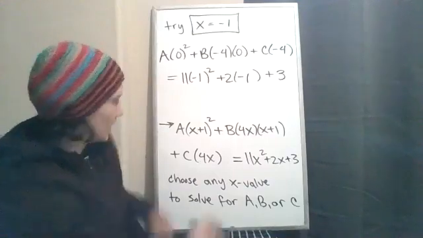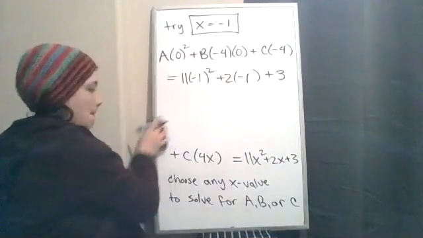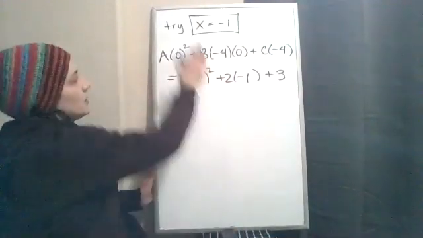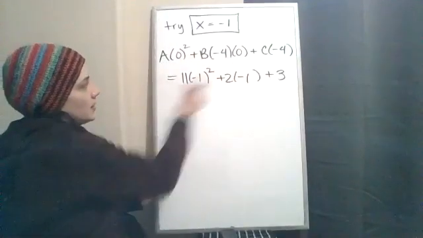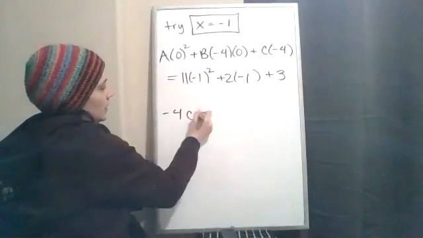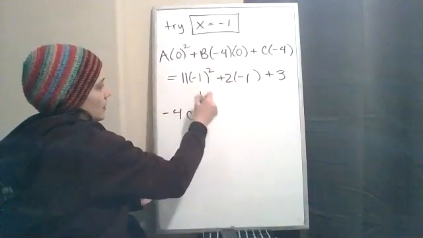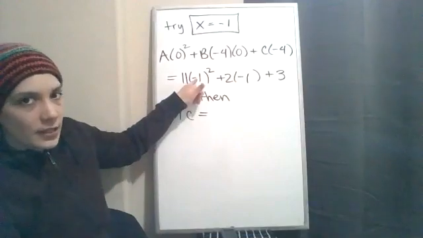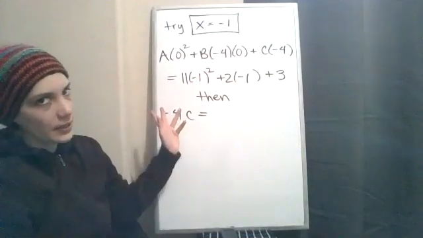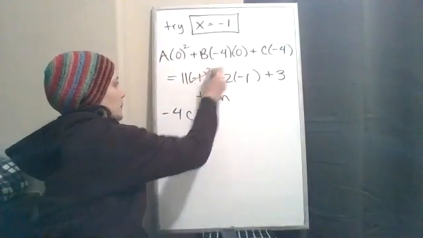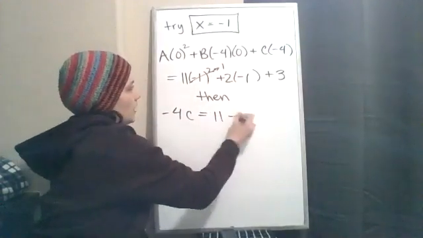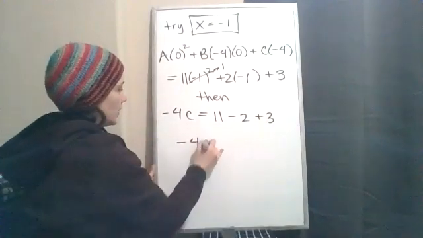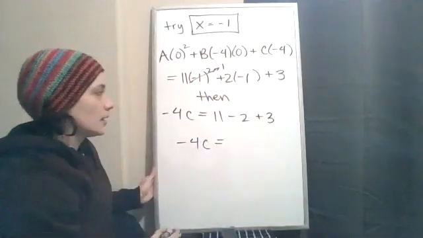Okay. Zero plus -4c is equal to, actually that's going to be 1 times 11, so it's 11 minus 2, add 3. -4c equal to 12.